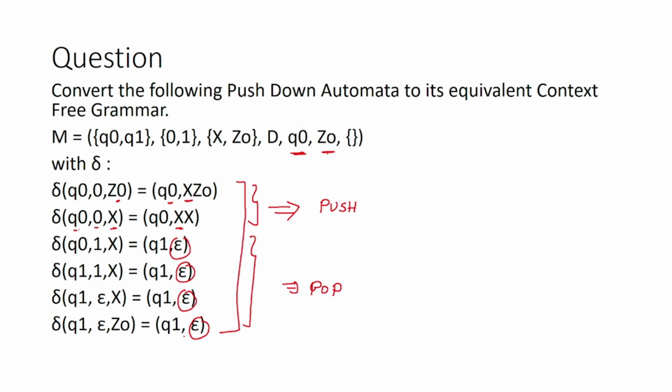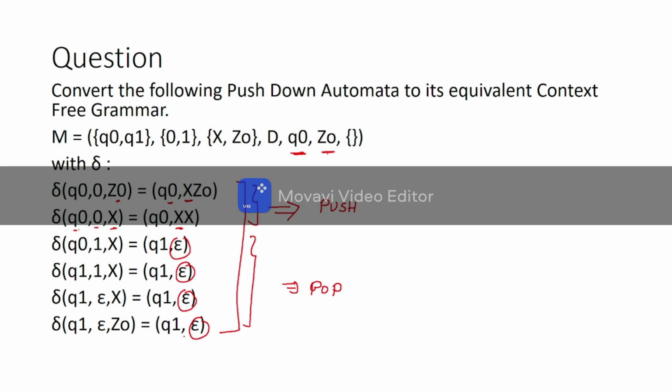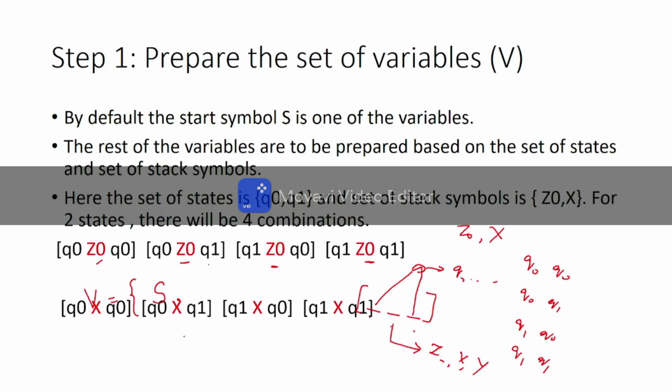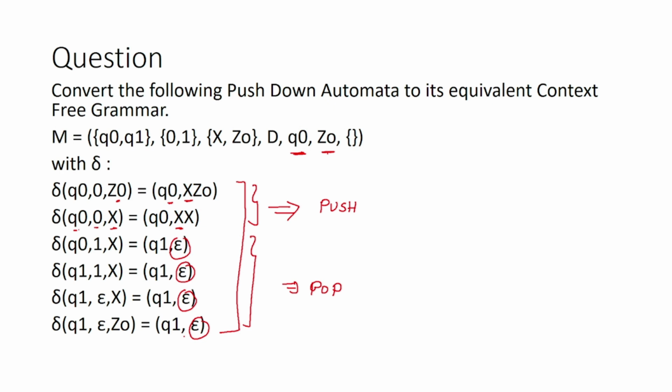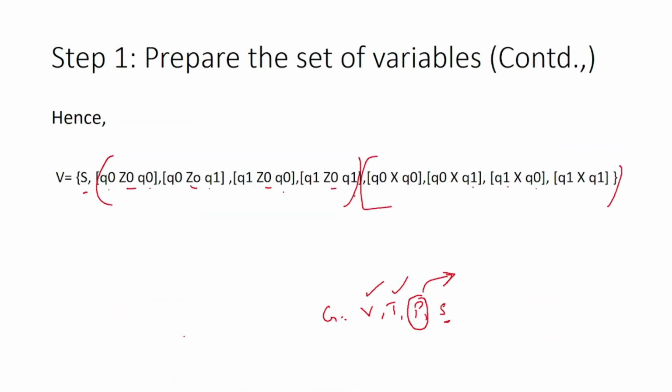So, we are going to frame production rules differently for the push and pop operations, right. So, let us see the push operation first. Let us see the first transition: q naught comma 0 comma z naught goes to q naught and X is pushed onto the stack, right. So, let us write this transition here.